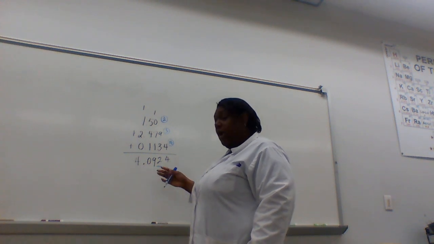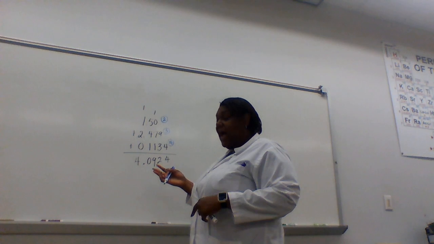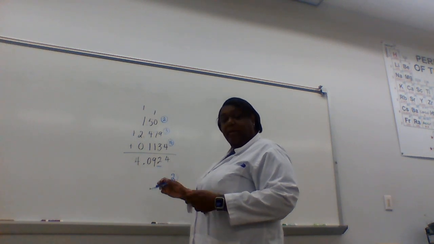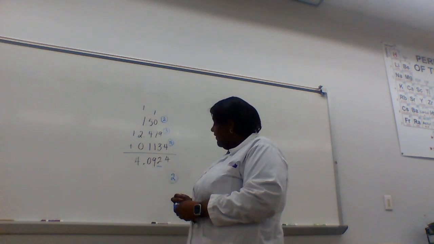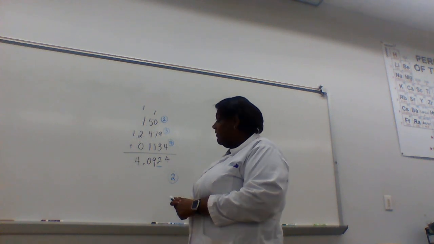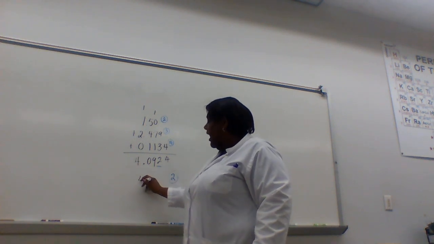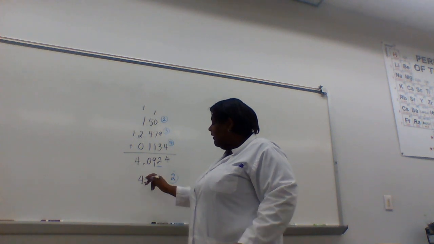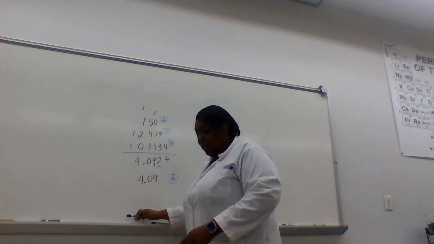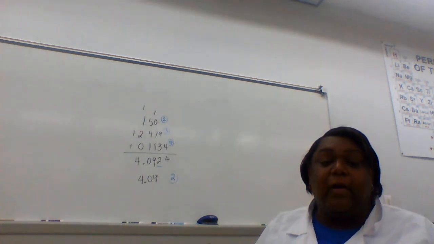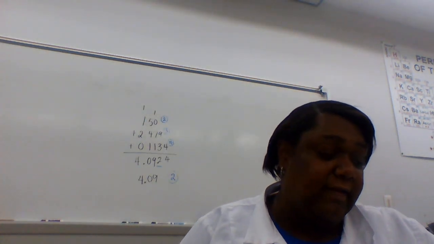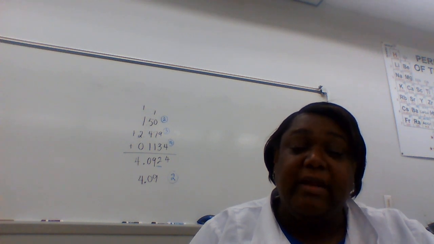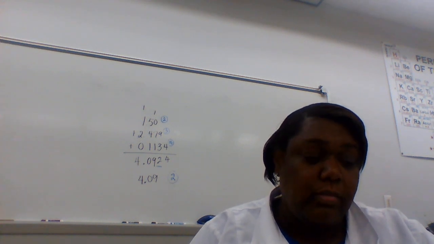Remember, if it's 5 or higher, your number goes up. Well, our number is a 2, which means that my 9 has to stay the same. And so the answer that I would ultimately give would be 4.09. All right? So when you're adding and subtracting, please remember the rule is that you keep the least number of places after the decimal.